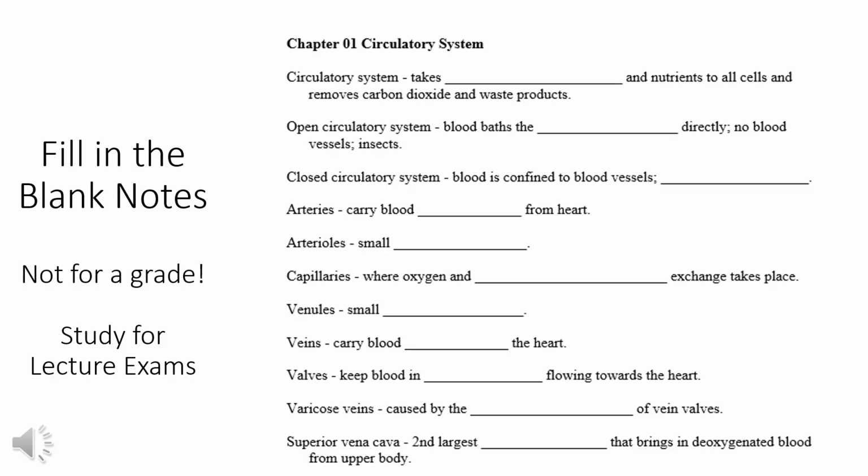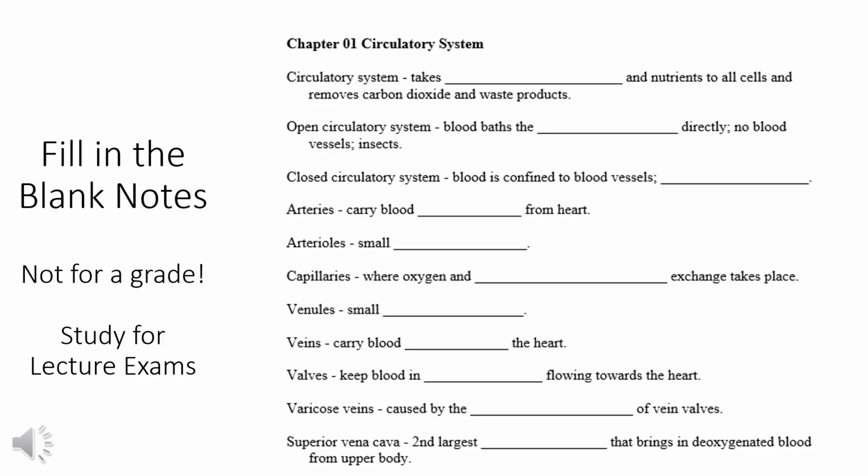For example, an open circulatory system is when the blood bathes the organs directly. There are no blood vessels, and an example would be insects. Hang on, we'll get to all that here shortly. But do note there's a whole bunch of different parts to that definition there. If there's a definition with a bunch of semicolons in it and a bunch of parts, I can probably ask multiple questions.